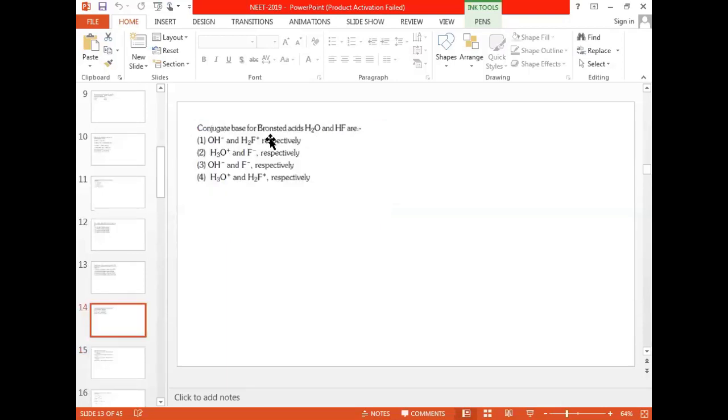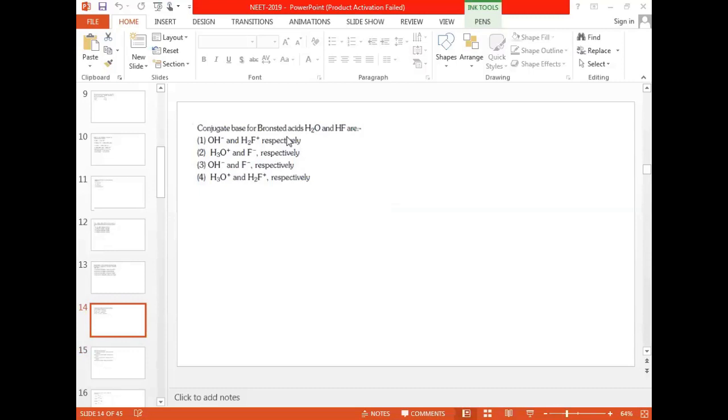What is this one? Kavya, read. Conjugate base for Bronsted acids H2O and HF. Right, conjugate base for H2O and HF they are asking.